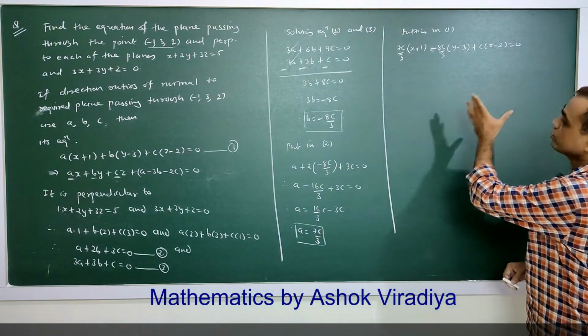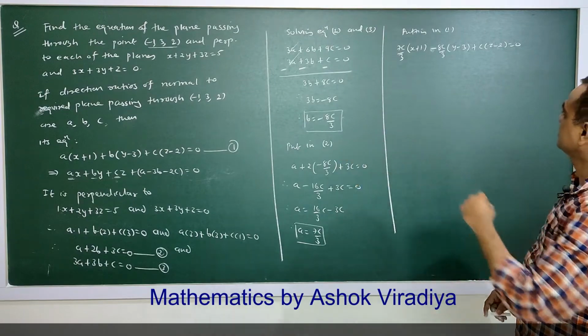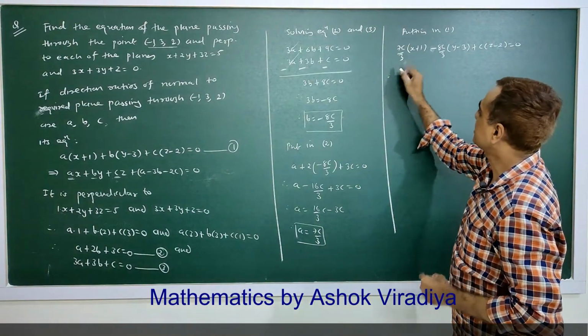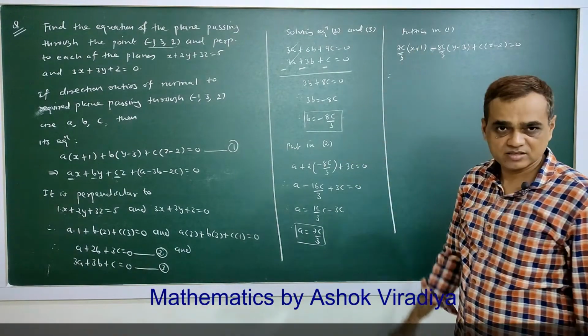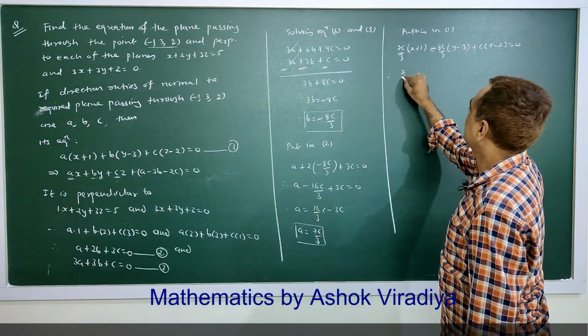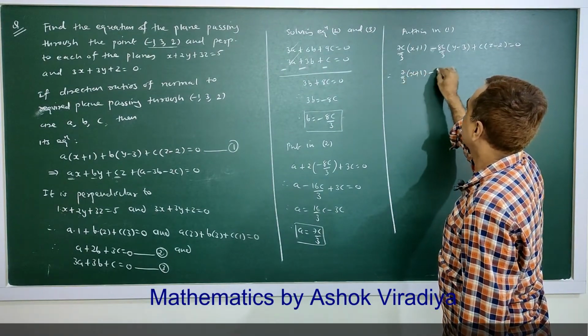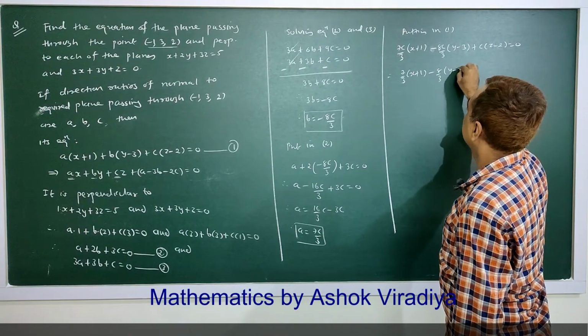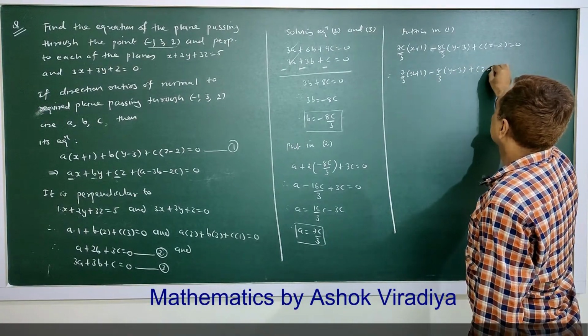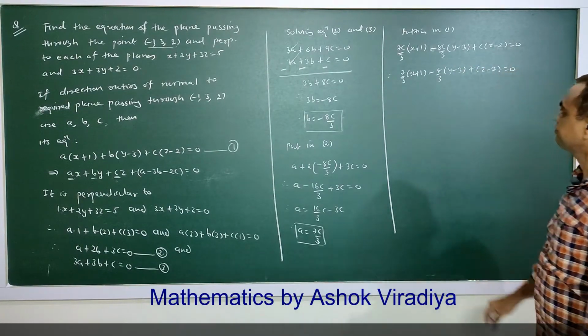So these values we have taken in equation 1. Now dividing this equation by c, since c is common, 7 by 3 into x plus 1 minus 8 by 3 into y minus 3 plus z minus 2 is 0.